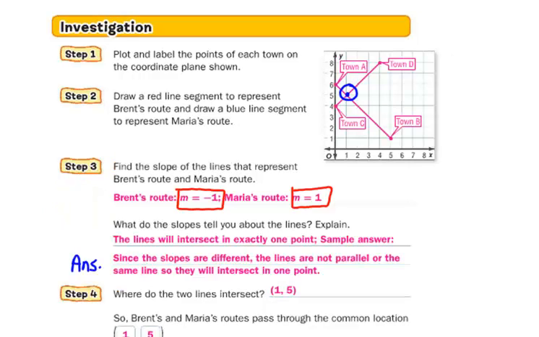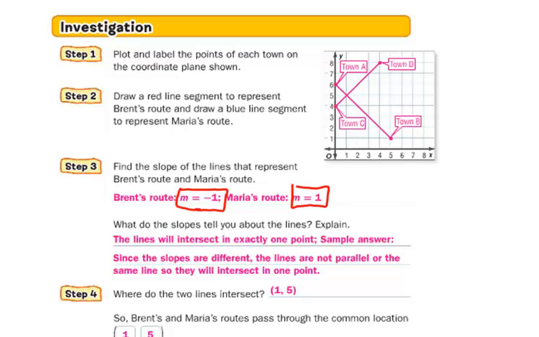Here we have all of our points labeled. And the slope of Brent's route wound up being -1, and the slope of Maria's route was 1.